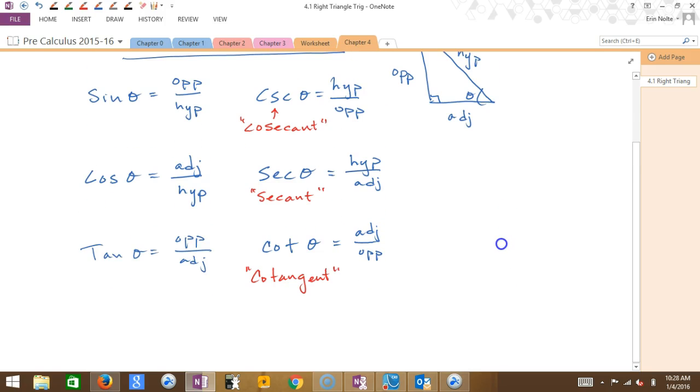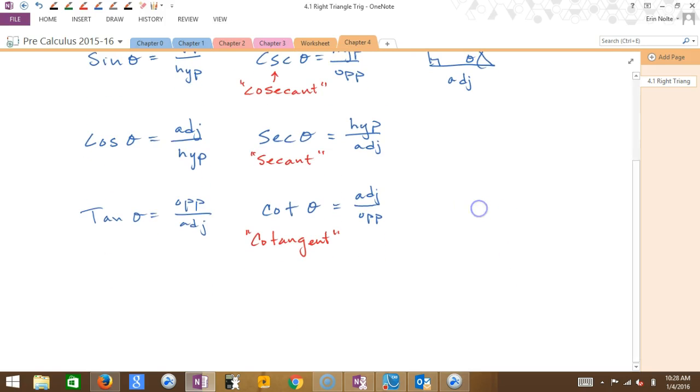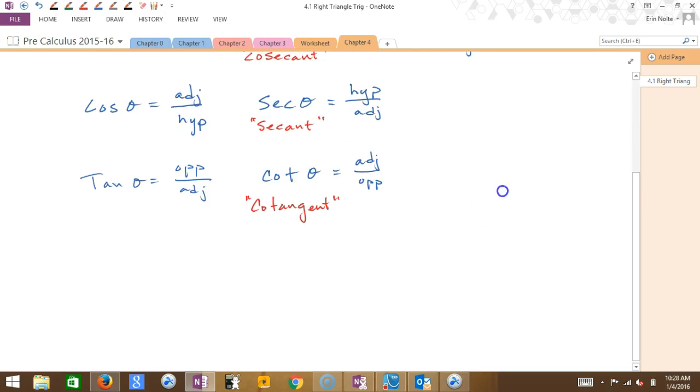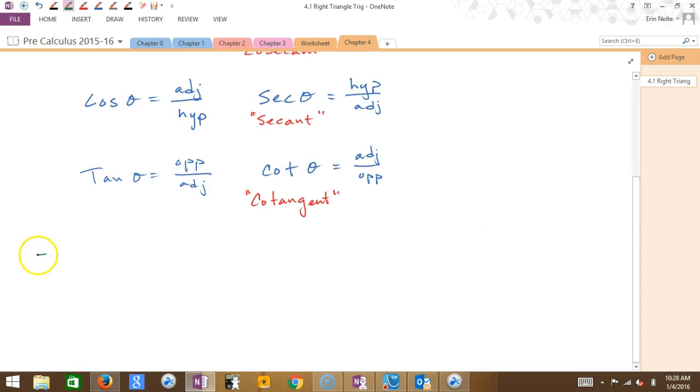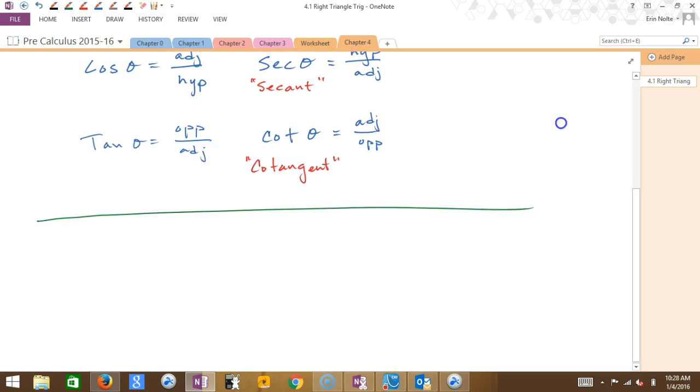Okay, so I'm going to give you a couple definitions here really fast. They're going to also give you definitions of reciprocal functions. This is slightly redundant in my opinion. I'm just going to go through this very fast, but just so you understand that they are reciprocals.